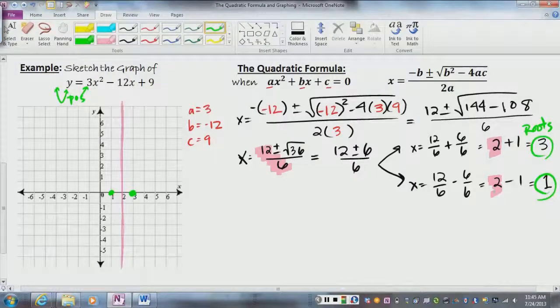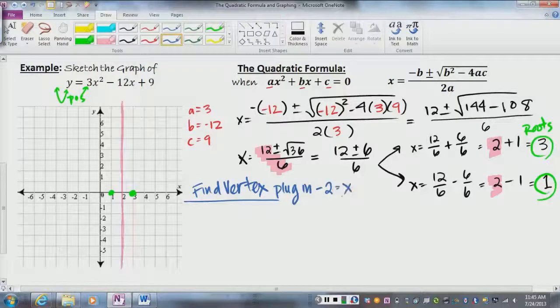Now I just need to find the vertex. We said that we find the vertex by plugging in 2 for x. We're plugging the axis of symmetry into our original function, and we're going to see what we get for y.